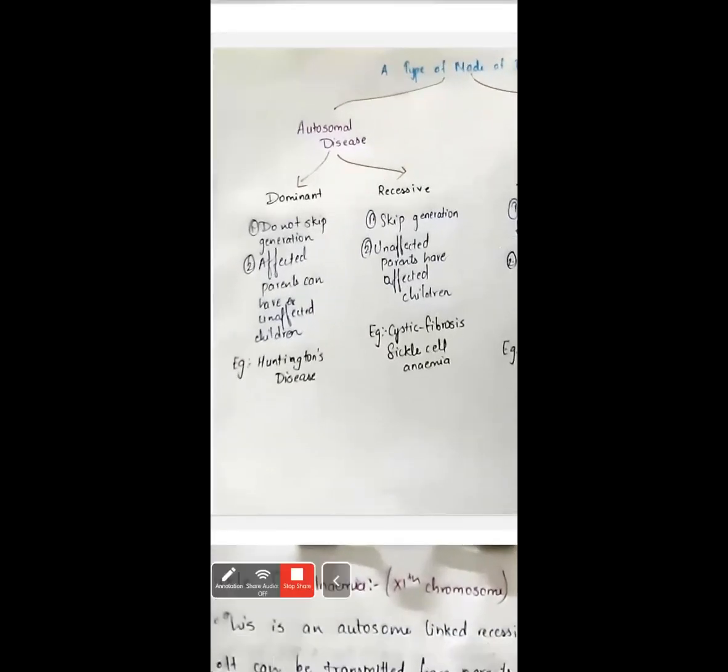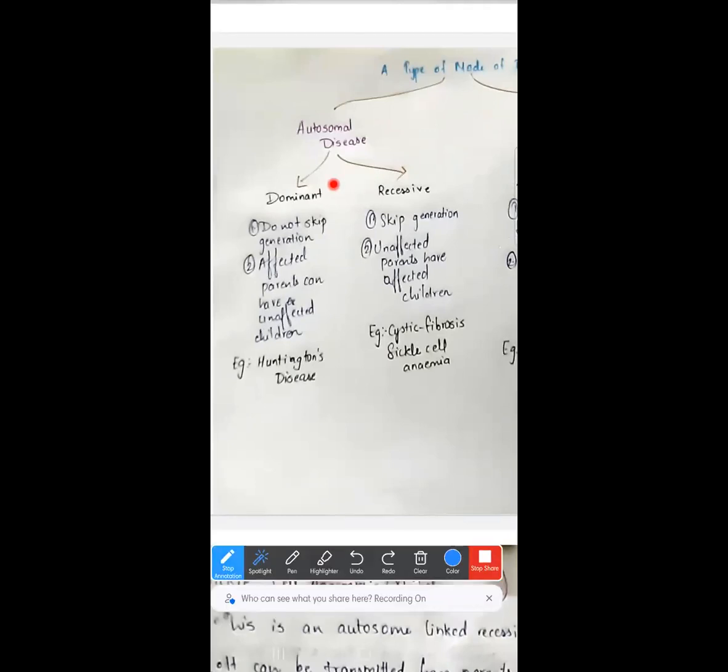Now here, autosomal diseases are further divided into dominant and recessive. If it is dominant, then it does not skip any generation, and affected parents can have unaffected children too. Example, Huntington's disease. Now about recessive. They do skip generations.